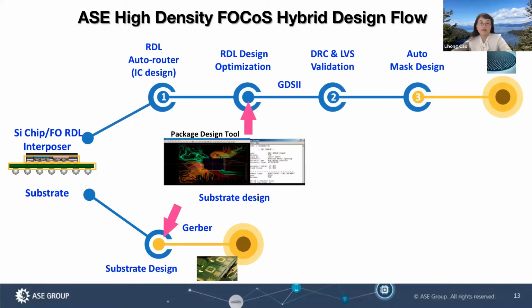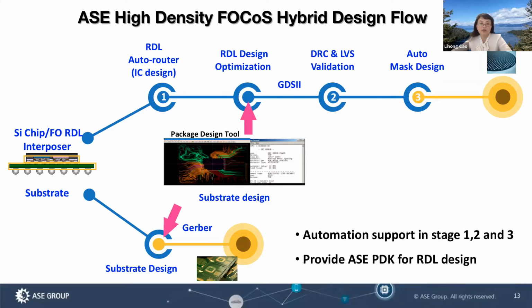And then we will use the same package design to optimize the RDL design and yield the GDS file for DRC and LVS validation. Finally, we use auto mask design to generate the RDL mask for manufacturing process. In our hybrid design flow, the RDL routing, design rule deck checking, and LVS as mask generation can be done automatically.